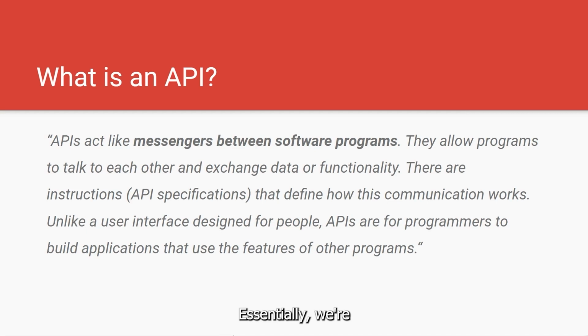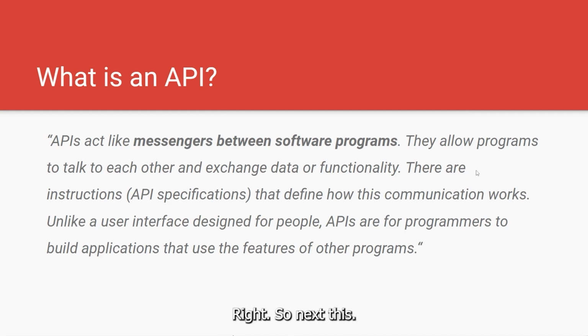Essentially, we're utilizing integration of other people's work or other people's code in our own website in a more transformative manner. So we're essentially kind of remixing or using their code or improving upon their code. All right. So API, in short, is a messenger between software programs.